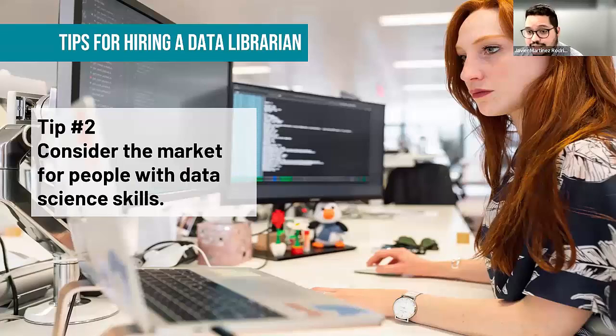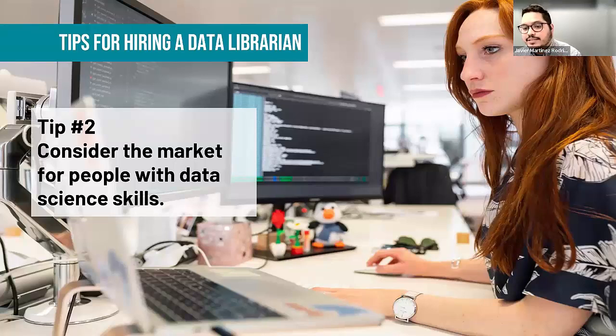Number two, consider the market. Data skills are transferable, so consider what they're being paid in industry, and you don't necessarily have to pay that, but consider that anecdotally we are seeing more and more of these positions and getting reports of small pools of applicants.